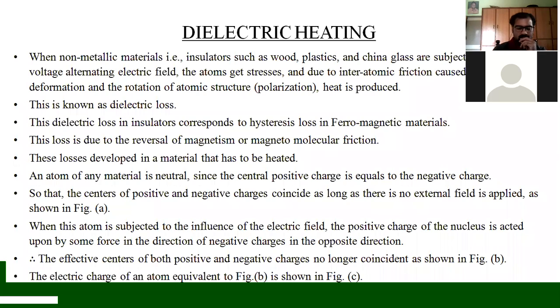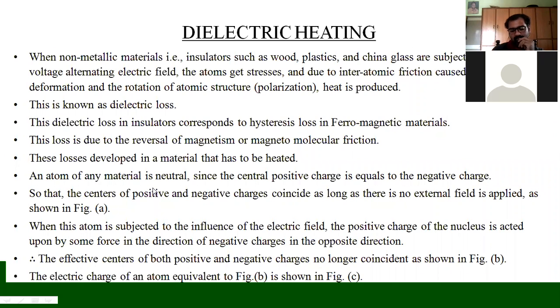When these non-metallic materials are subjected to high frequency and high voltages, because this method of heating takes place under high frequency, what happens?